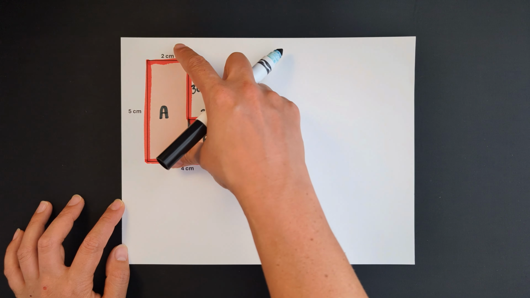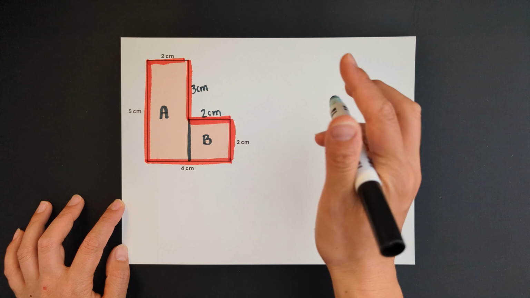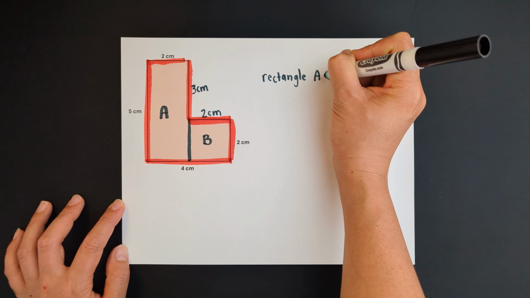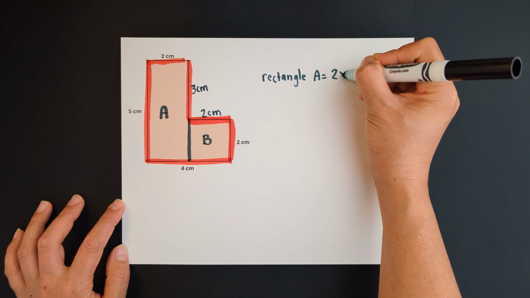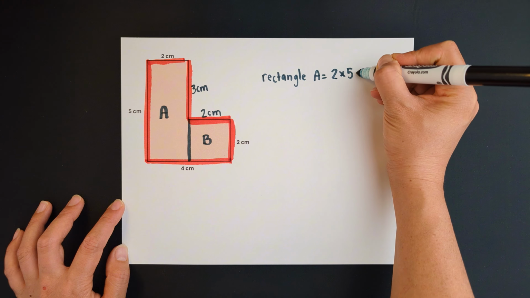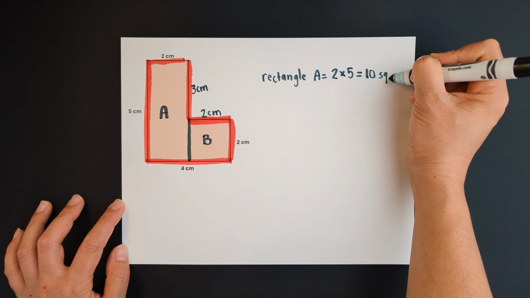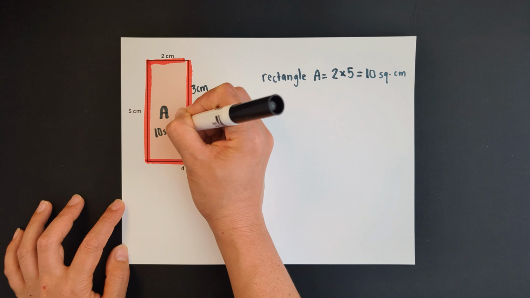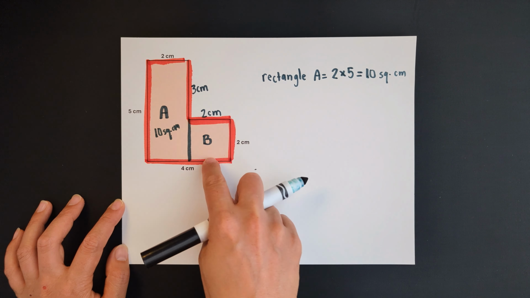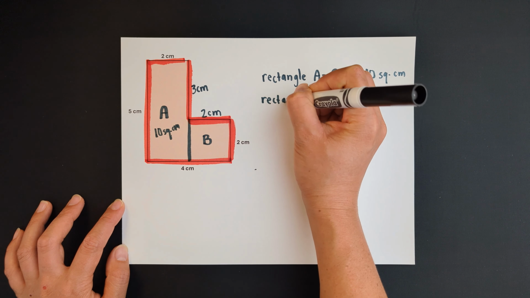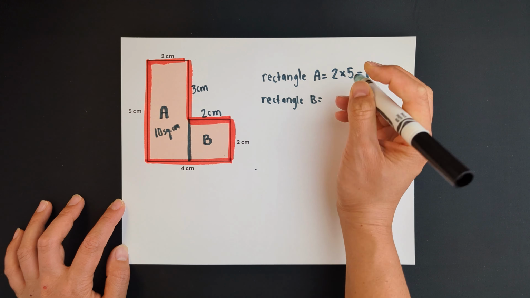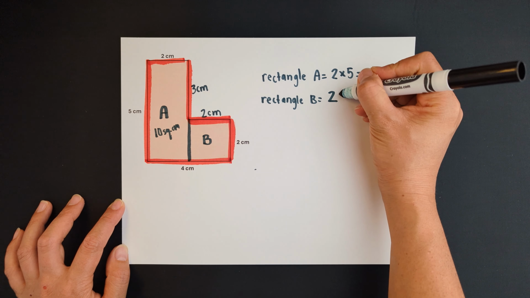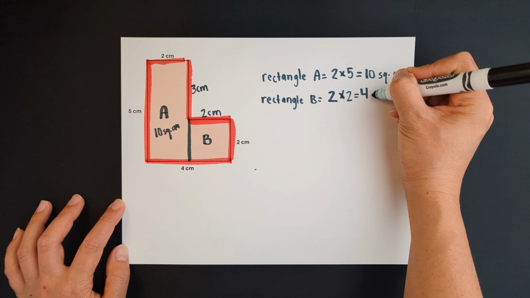Step 2 is to find the area of your 2 smaller figures. So rectangle A is equal to 2 times 5, length times the width, is equal to 10 square centimeters. So A is equal to 10 square centimeters. And then rectangle B, just looking at this shape here, B is 2 times 2 is equal to 4 square centimeters.